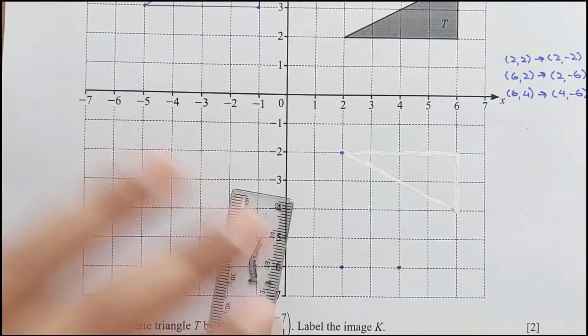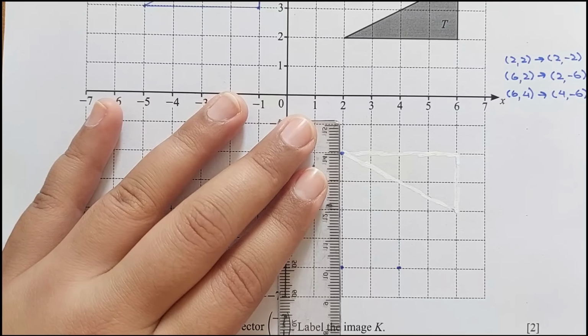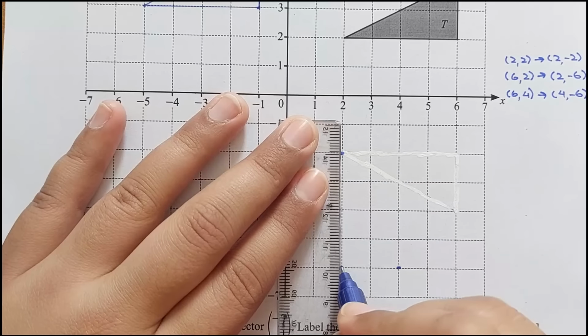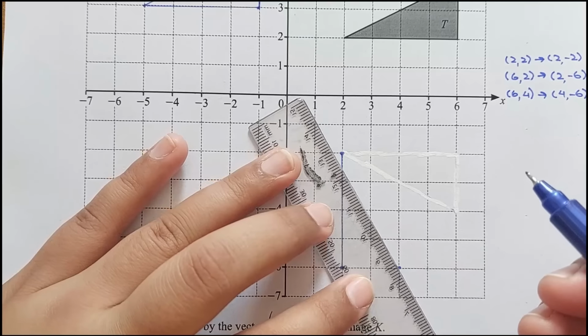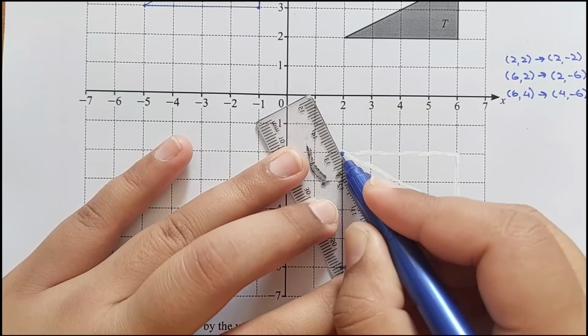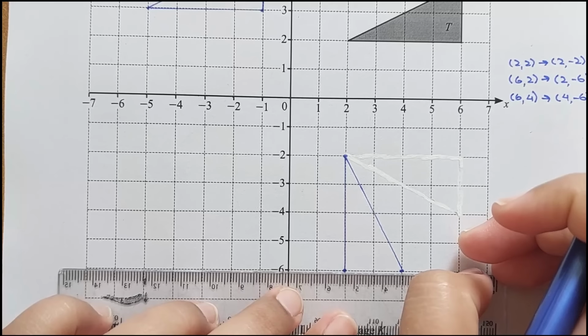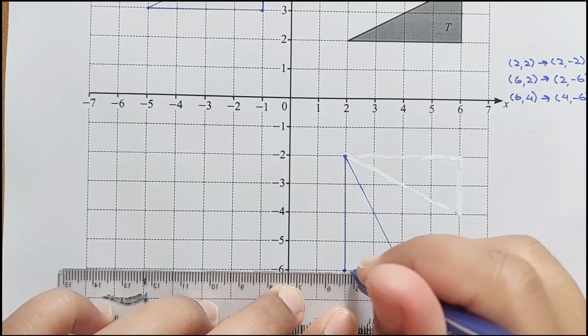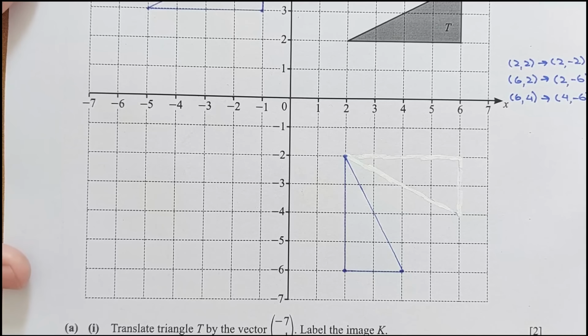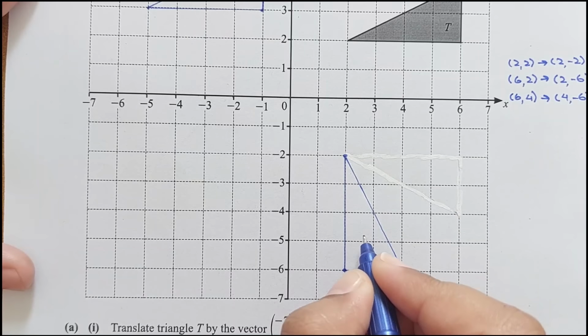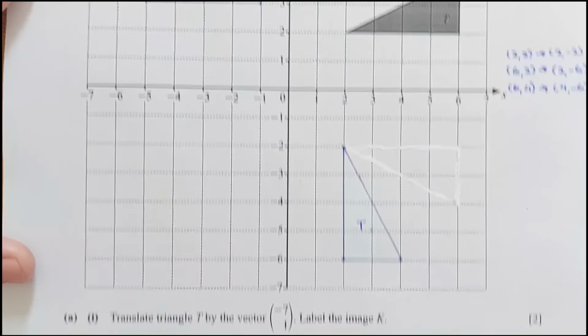So this is the rotation 90 degrees clockwise about the origin. Whenever you have a rotation of 90 degrees clockwise about the origin, you change the coordinates by the formula: (x, y) changes to (y, -x).